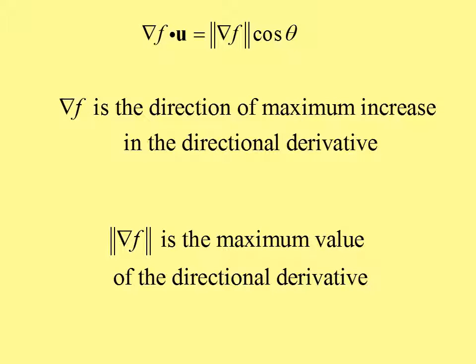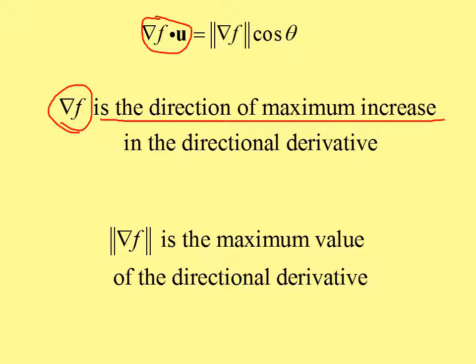And so the definition of the directional derivative, grad f dot u, tells us that the grad f part of that gives us the direction of maximum increase. So we don't even have to do the directional derivative. We just need to do the gradient.